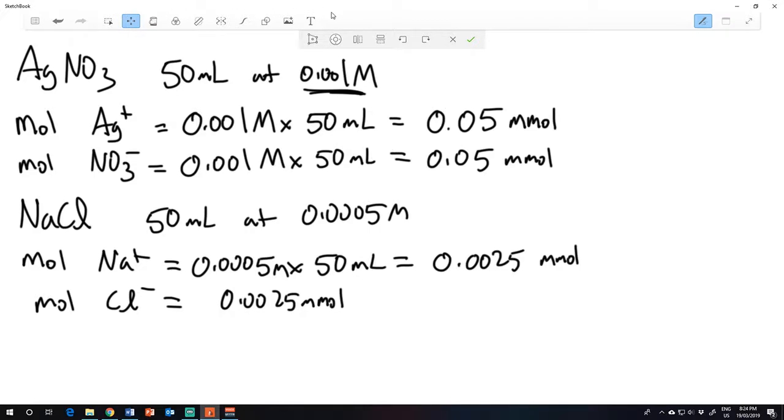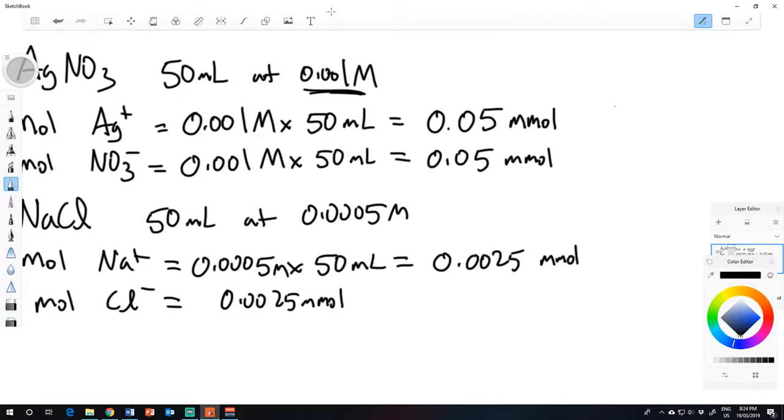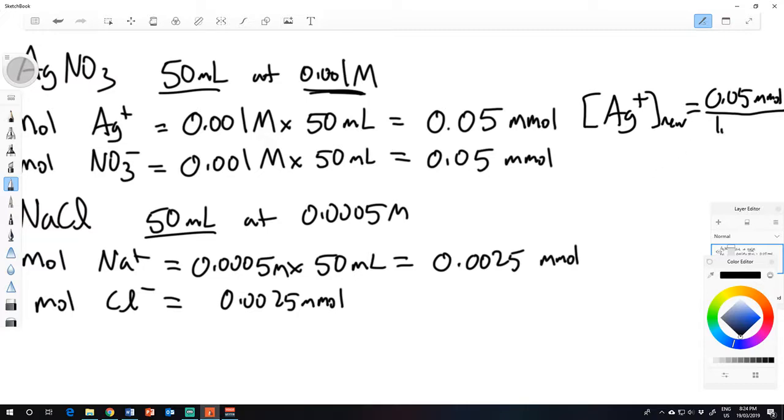So now when we calculate the concentration of the silver in the mixture, the new concentration will be 0.05 millimoles, and we'll divide that by the new volume, which is the 50 plus the 50, so the 100 millilitres.